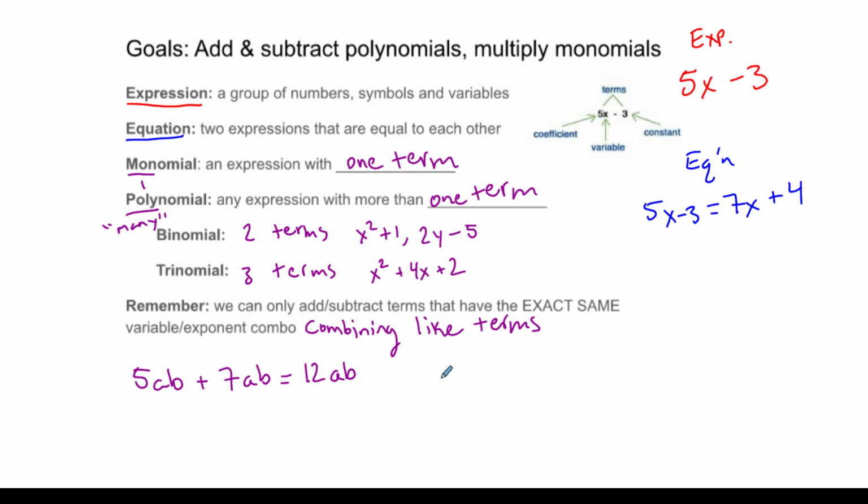However, if we had something like, I don't know, 4x plus 3x squared, this is something that we can't do anything else with. We can't simplify this. That's as far as we can take it.